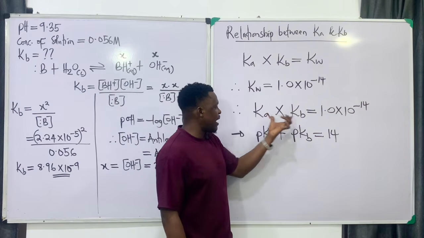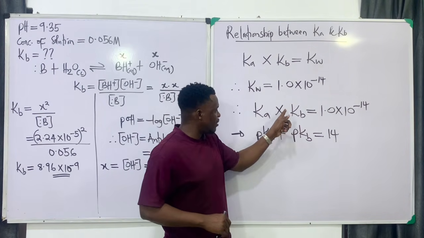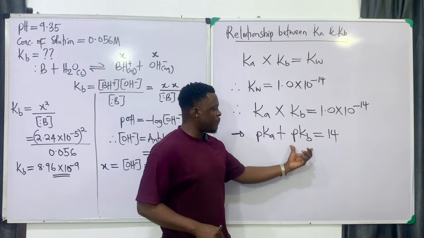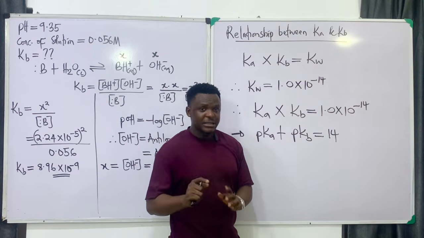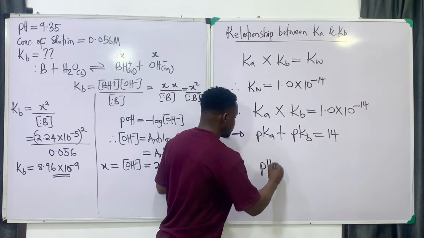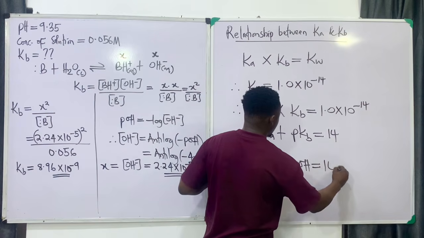The relationship between Ka and Kb is this. Now look at this. Between Ka and Kb, we have a multiplication sign. Between pKa and pKb, we have an addition sign. Take note of that. And another formula I need us to take note of is the relationship between pH and pOH.